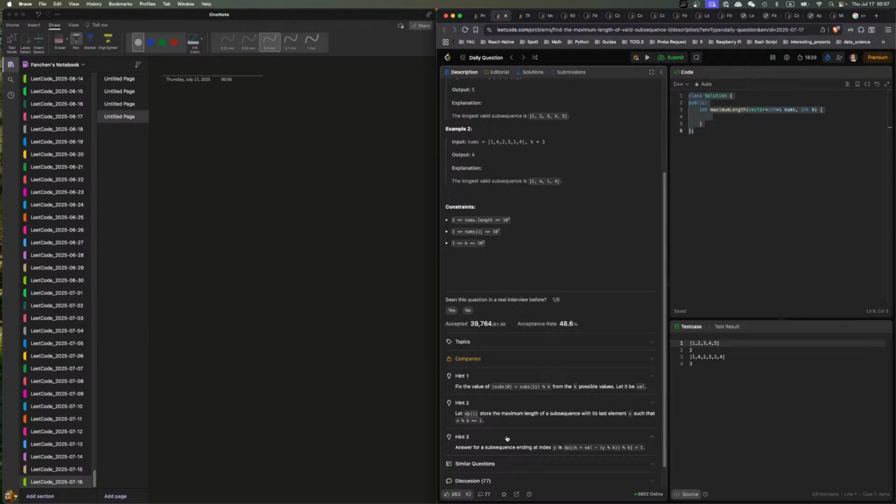Answer for a subsequence ending at index y is dp[(k + val - y mod k) mod k].